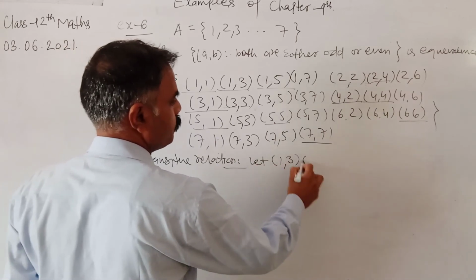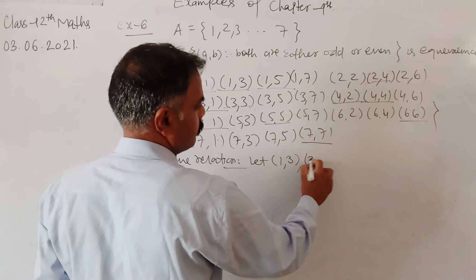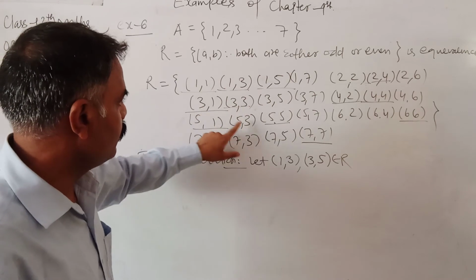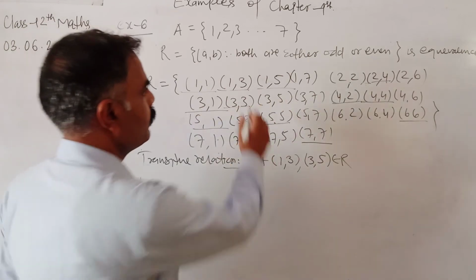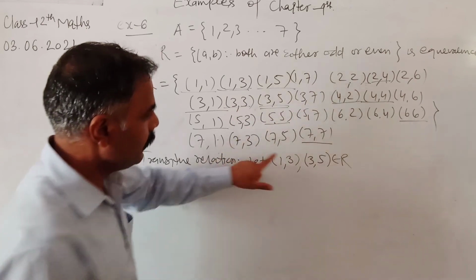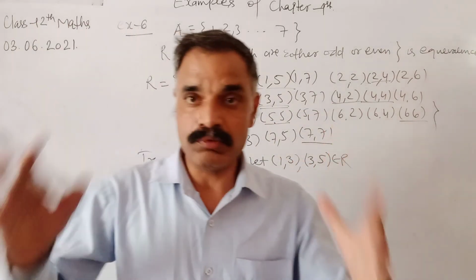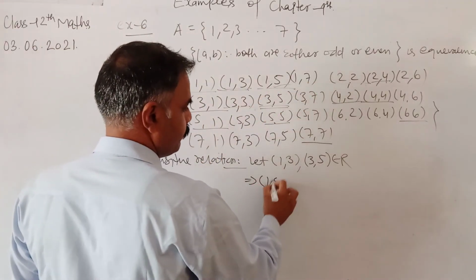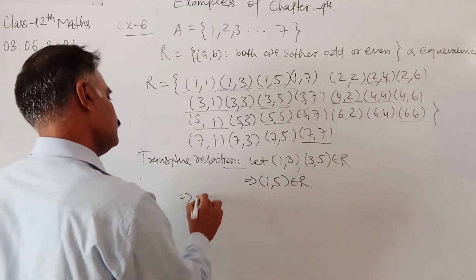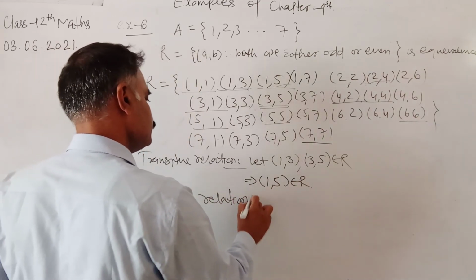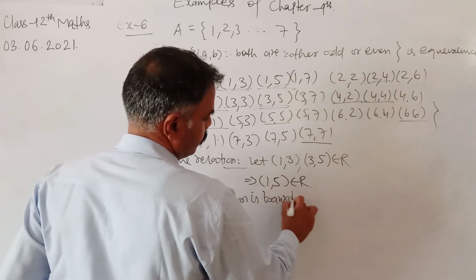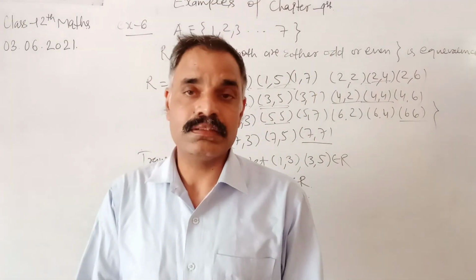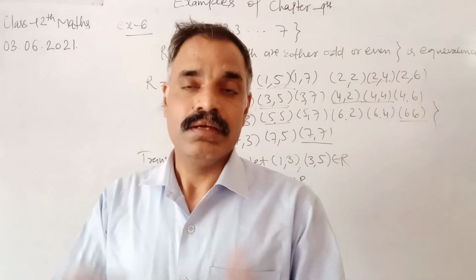Let (1, 3) and (3, 5) belong to R. Then (1, 5) should also belong to R, and (1, 5) is also there. It means the relation is transitive. So we have shown that the given relation is reflexive, symmetric and transitive.